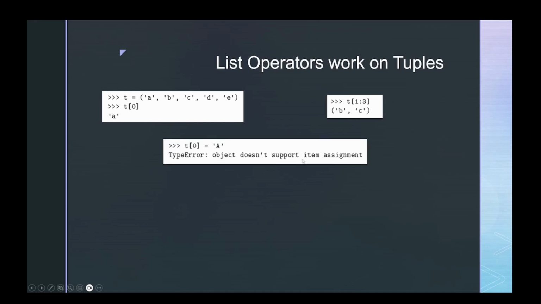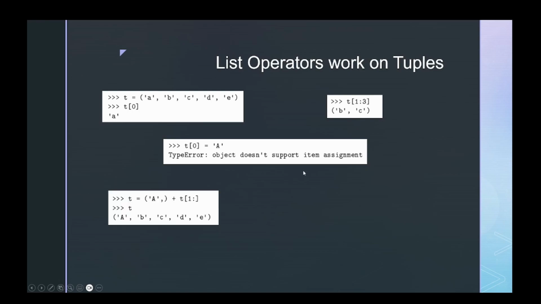Now, the one thing, remember, it's immutable, so it cannot change. So I cannot give the index 0 within a tuple a new value. The object doesn't support item assignment. That's not something I can do. I can't change it. But what I can do is I can append onto the end of the tuple.